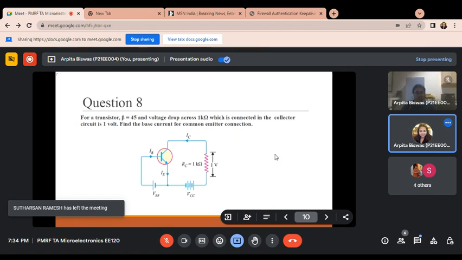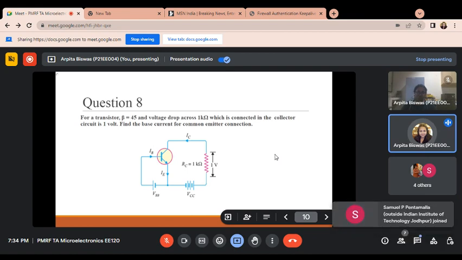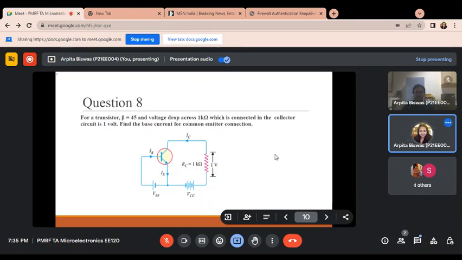Only given is the resistance value and the voltage drop across it. So when the voltage is given with respect to any resistance, we can find out the current passing through it. This is the hint. From there you have to find out the current. You can mute yourself, and when you are going to give the answer, you can unmute.